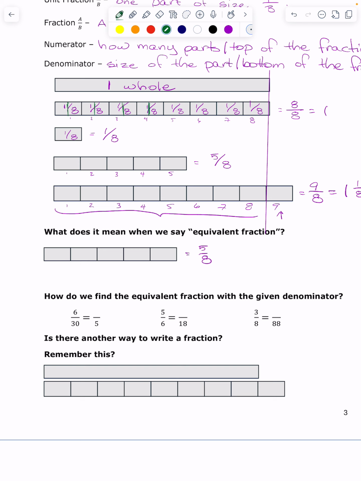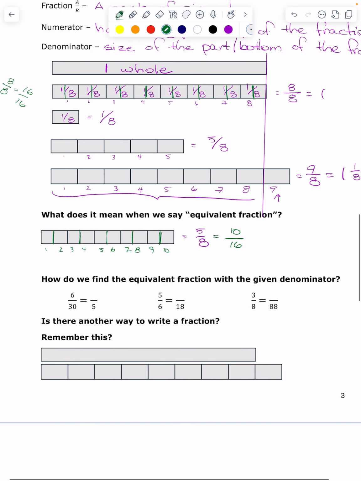So I'm going to go back up to this one for the reference. So that 8/8 is the same as 16/16, which means down here, if I divide each of my 5 parts into 2, I can now count 1, 2, 3, 4, 5, 6, 7, 8, 9, 10. I get 10 pieces out of 16.